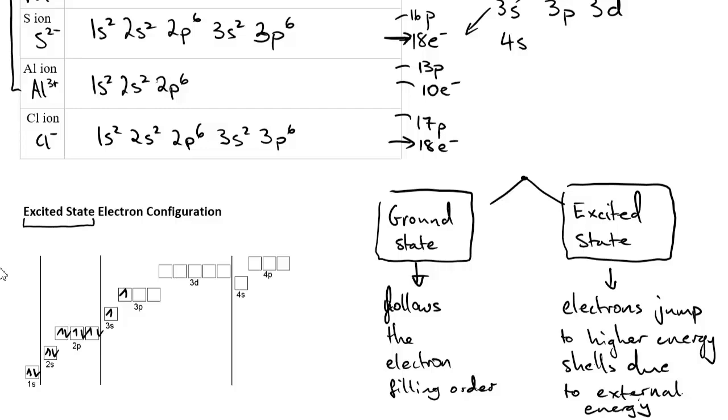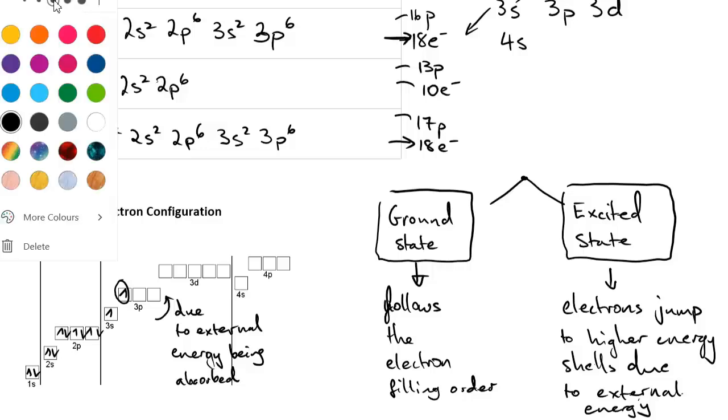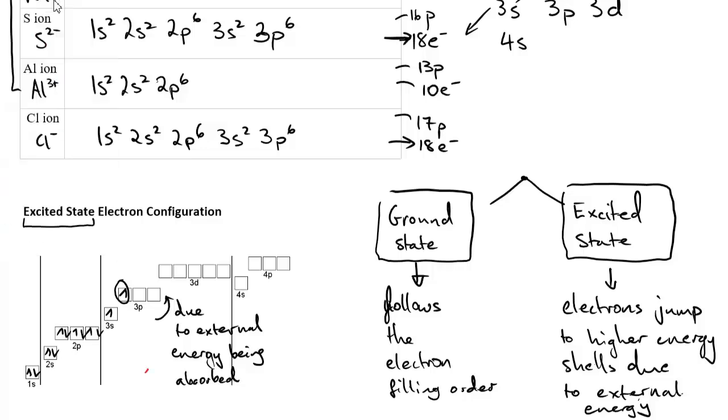And the reason why this electron has gone up here and isn't down here is due to external energy being absorbed. It's very important, you get tested on this quite a bit. So some external energy comes along and gives the electron a little bit of energy to go up one level.